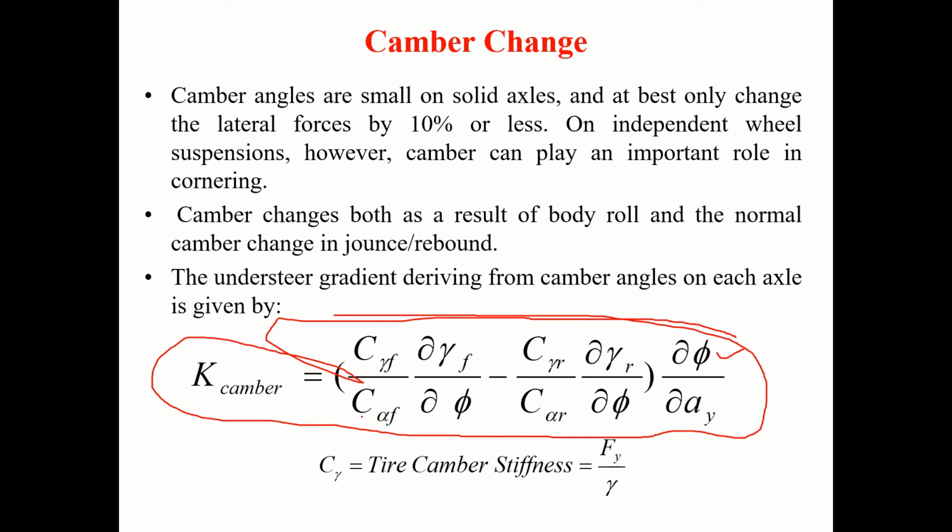So then there will be lateral force. So I have considered these things, right? This C gamma, you know, gamma is camber angle. C gamma is the tire camber stiffness, lateral force by gamma. That is nothing but the camber angle.